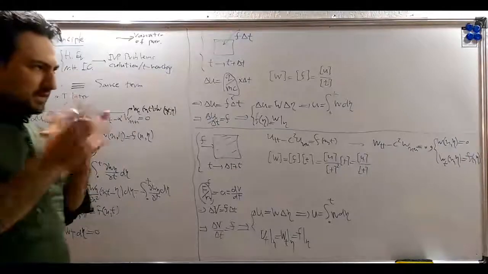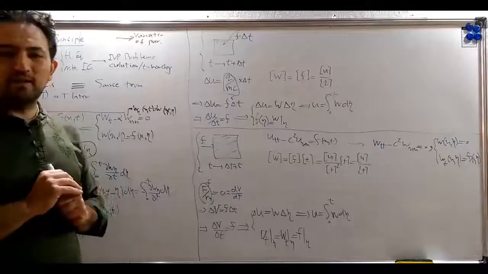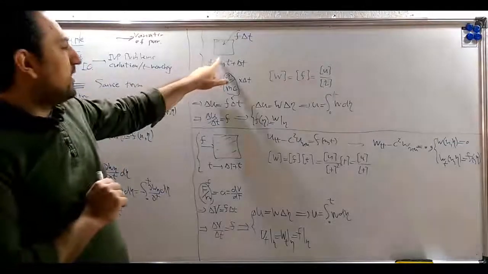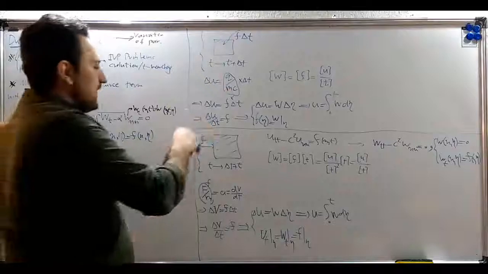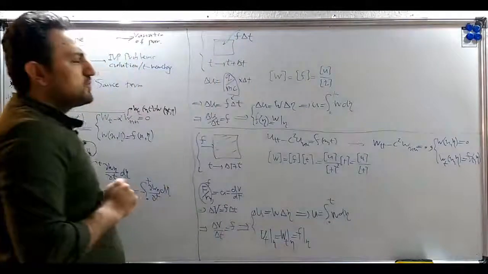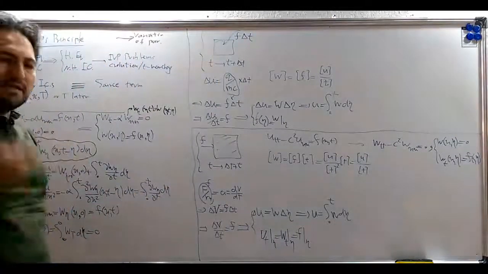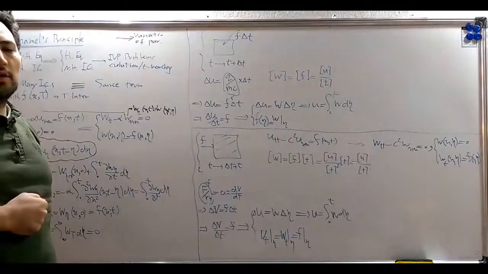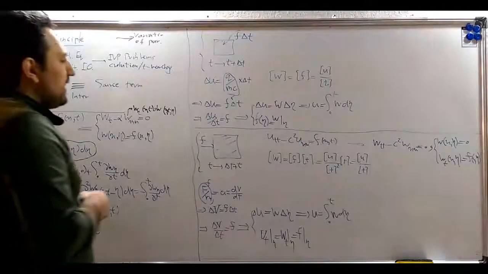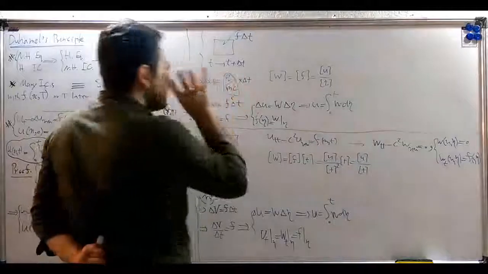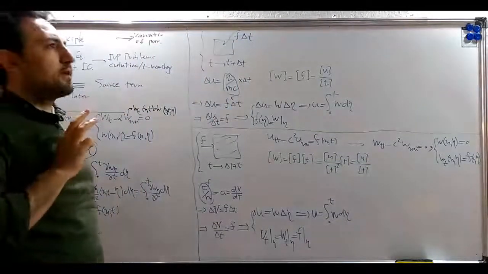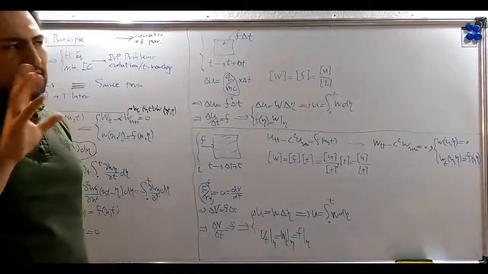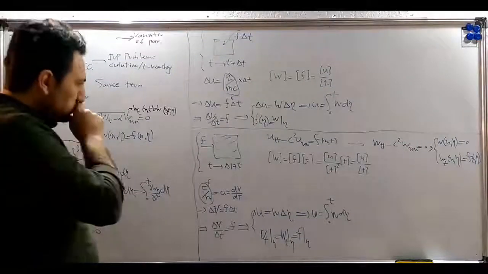Okay, let's investigate the physical interpretation of Duhamel's principle in the heat equation. This is again our system, and this time f denotes the amount of heat added to the system, and here I have to use the first law of thermodynamics, or the conservation of energy, or the energy balance equation.